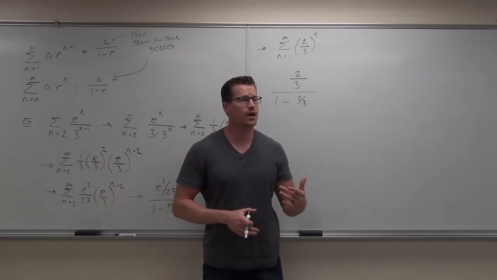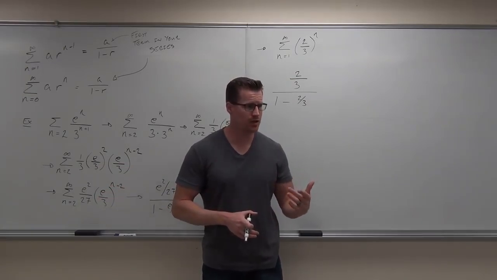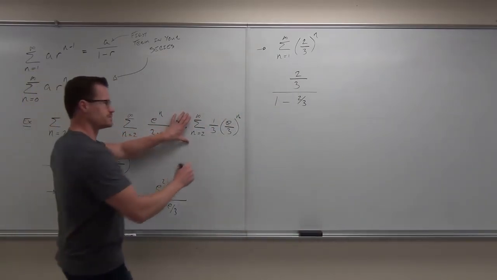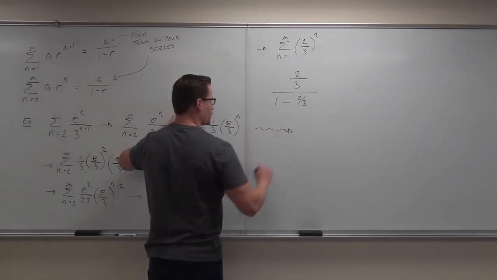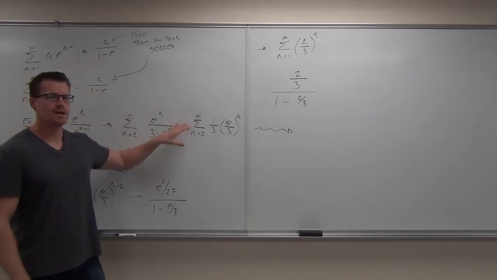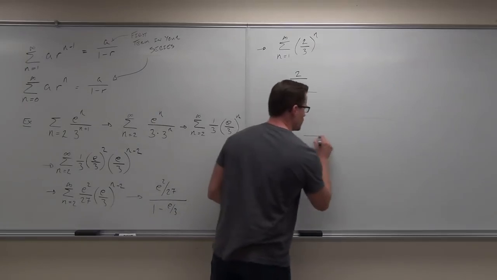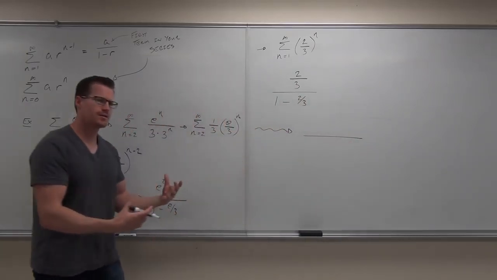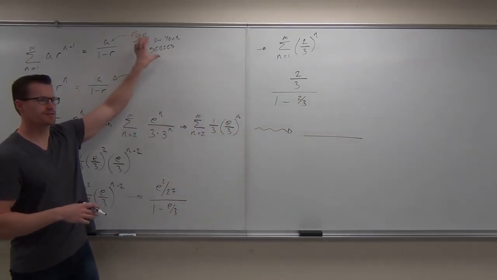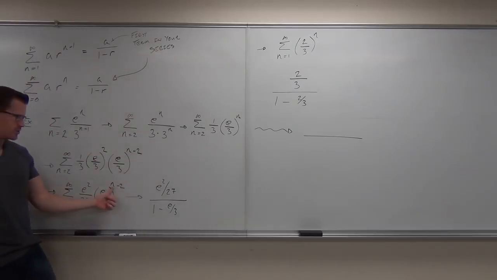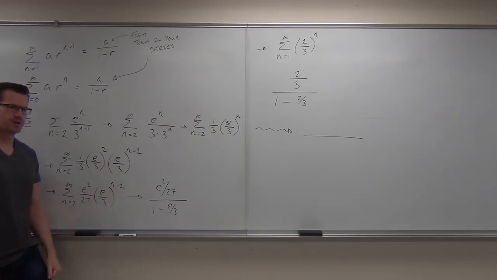Now here's a shortcut for doing this. If you're really good at this, here's what you do. You understand that A is really the first term in your series. If this gives me 2 minus 2 is 0, this whole thing is 1, that's the first term I start with.